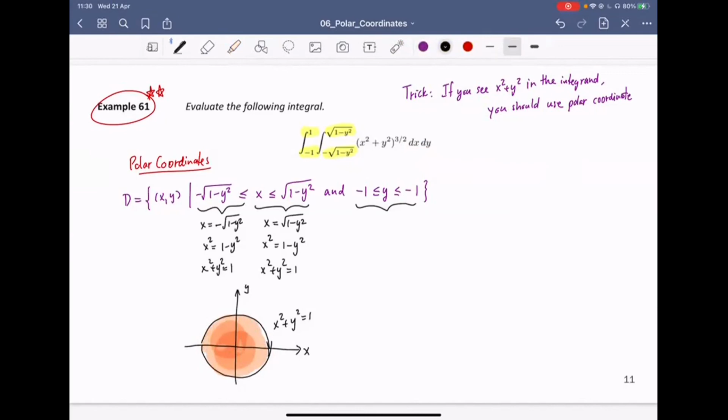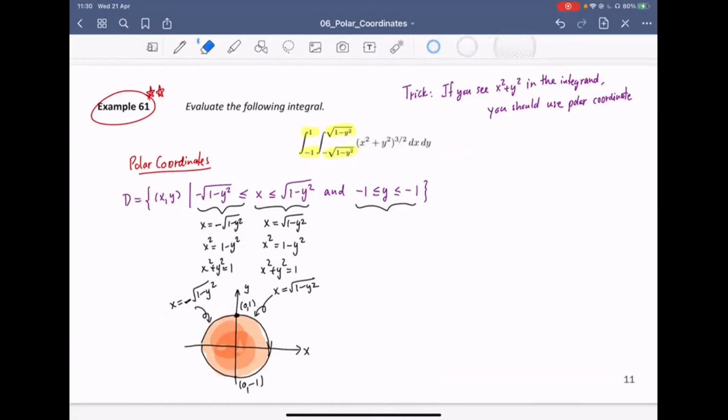Looking at the area I shade in orange, you start from the left curve and go to the right curve. Your left curve is x equal to -square root of 1 minus y squared. Your right curve is x equal to square root of 1 minus y squared. And this is 0, 1, and this is 0, -1.